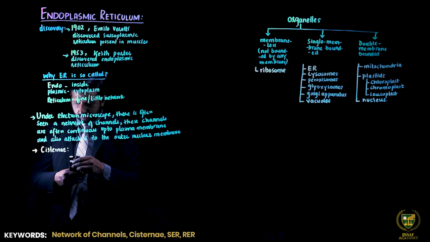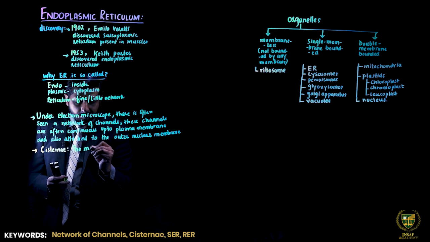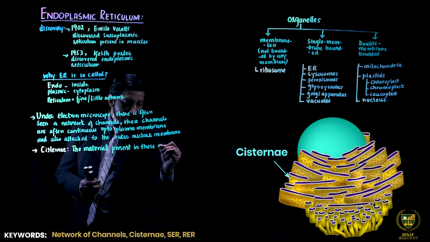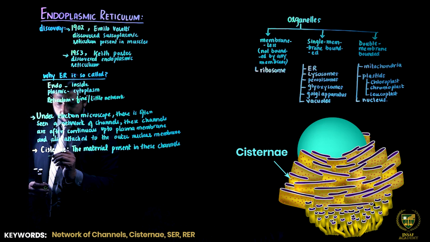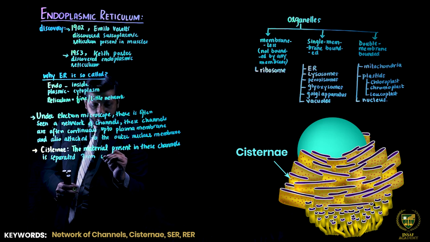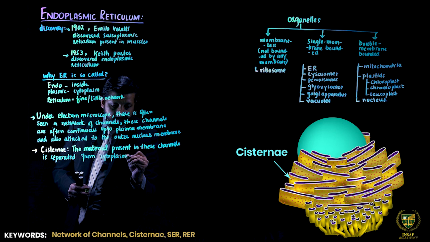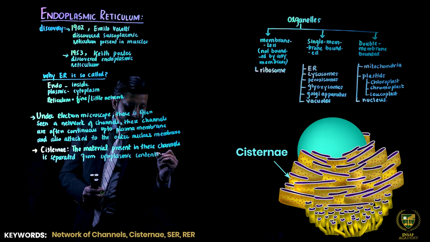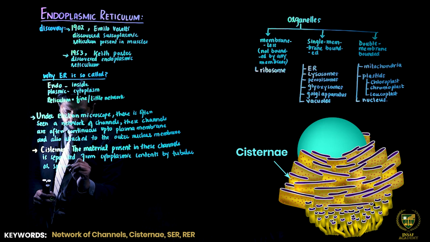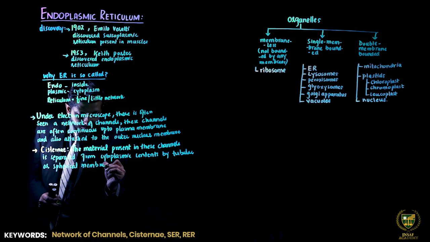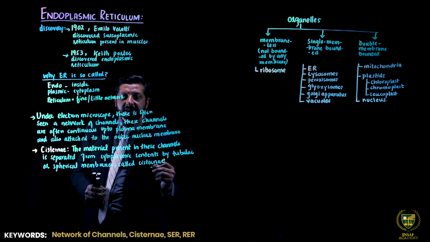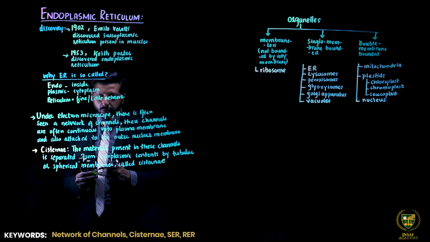So dear students, the material present in these channels is separated from the cytoplasmic contents by tubular or spherical membranes, which are called cisternae. Basically, these are flattened sacs, channels. I will clear this further in the diagram.